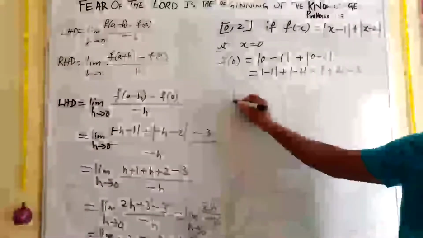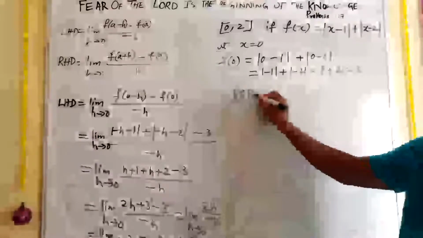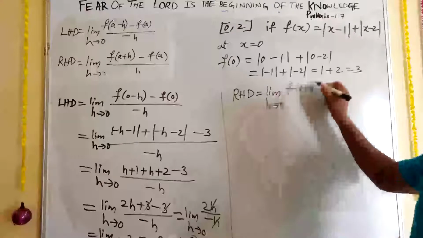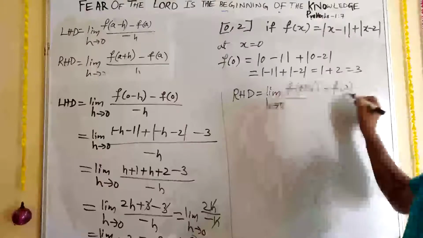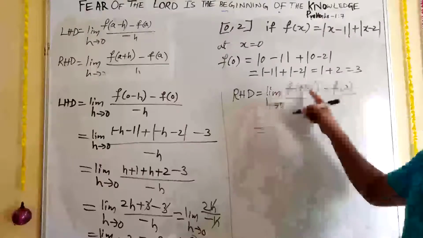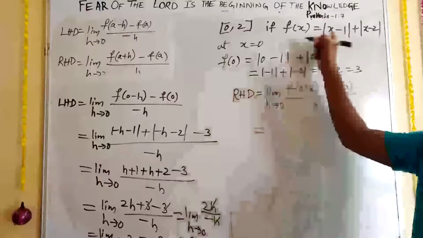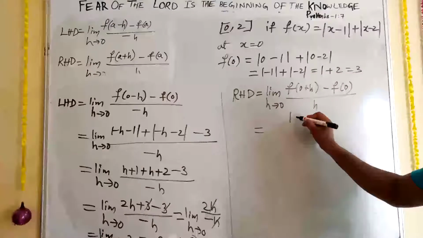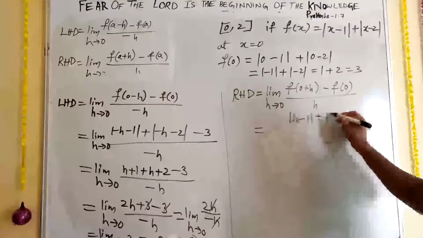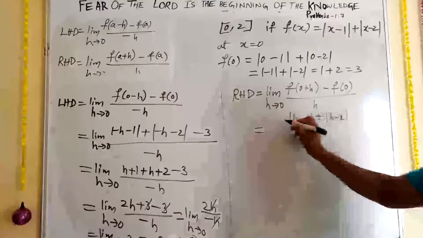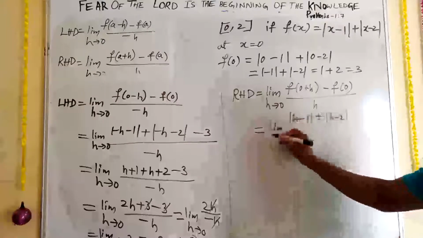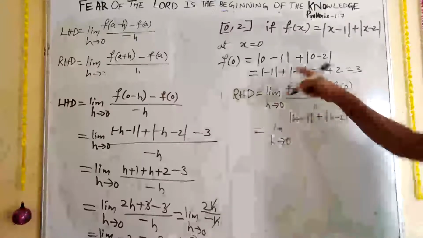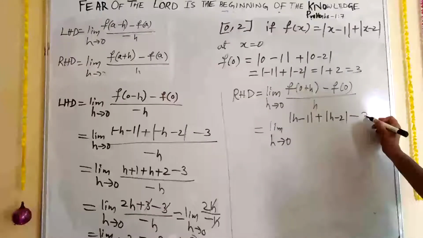Now we'll go for RHD. f of 0 plus h minus f of 0 upon h. That is equal to, just substitute h in this equation. So now modulus of h minus 1 plus modulus of h minus 2, and here you can write this as limit h tends to 0, minus f of 0, which is nothing but 3, upon h.